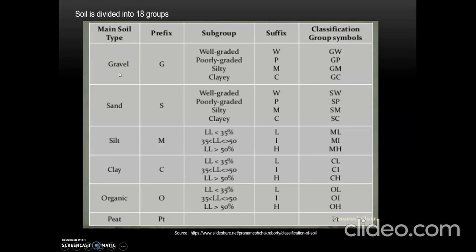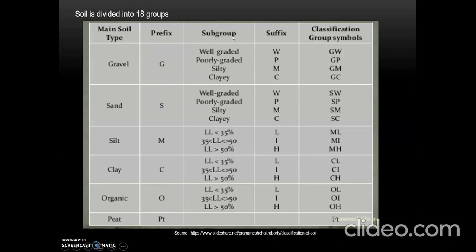Main soil type is gravel. Prefix is G. For sand it is S. For silt M. For clay C. For organic O. And for peat it is PT. So this we have already seen in the previous classification system.